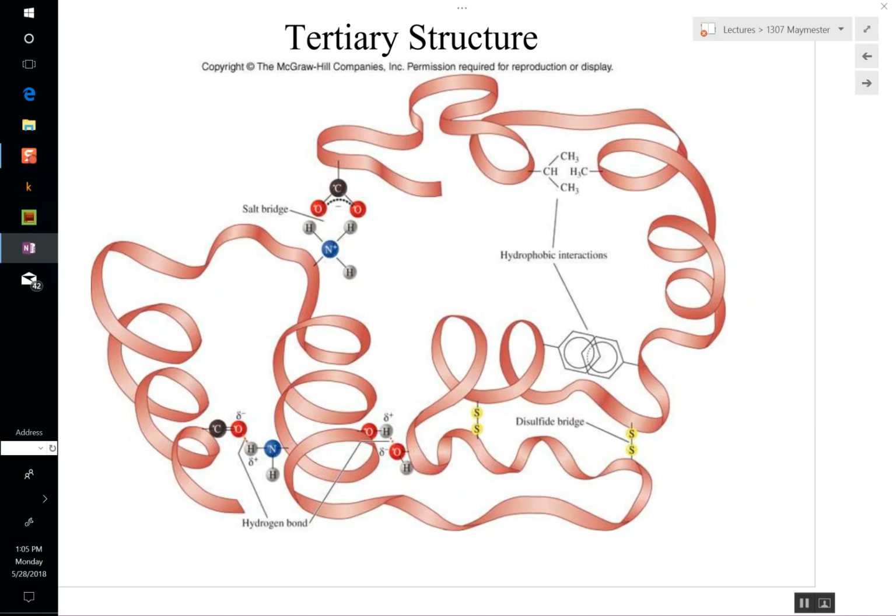I'm just saying the disulfide bridge is the strongest interaction between two R groups. Yeah, these are all tertiary structure here. This whole part, from here on down, deals with tertiary structure. Okay.